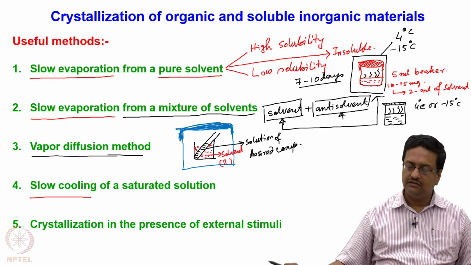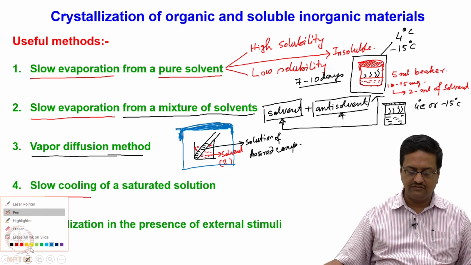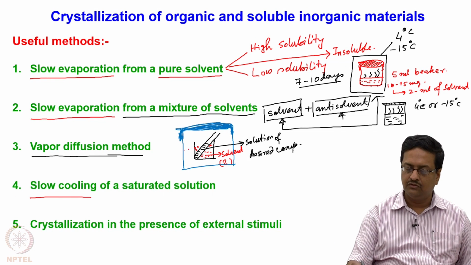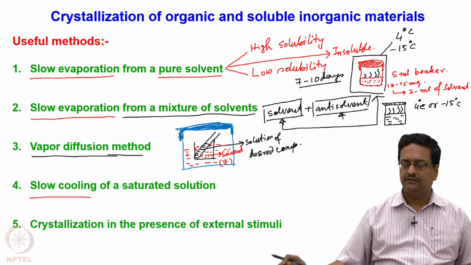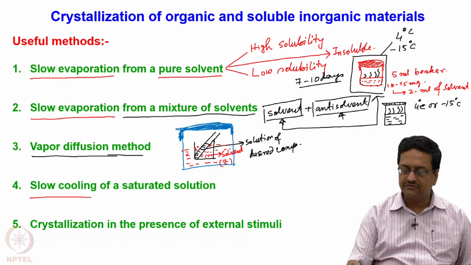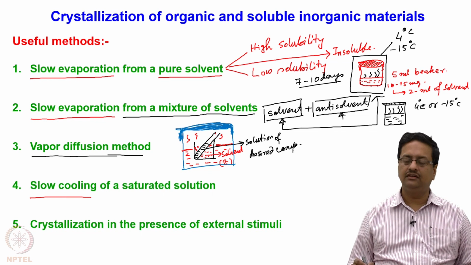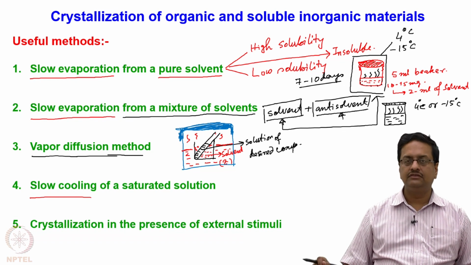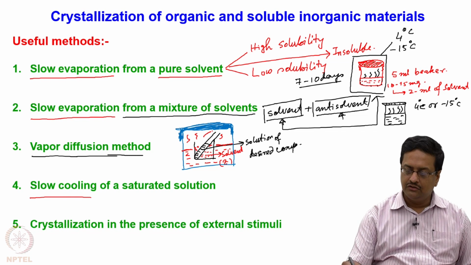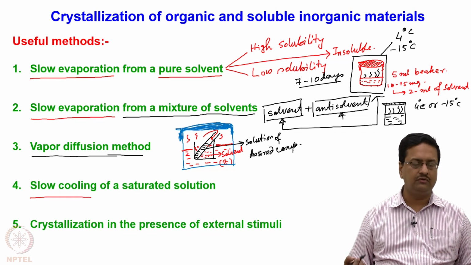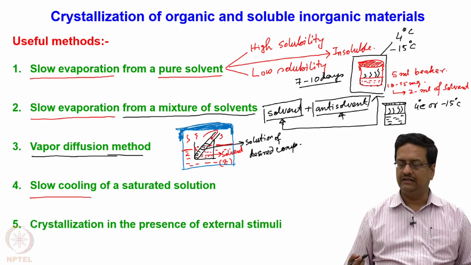We can fill the outer part of this larger beaker also with solvent 2, so that there is an excess of vapor of solvent 2 inside the enclosed container, and that vapor can then slowly diffuse into the test tube in which we have our compound dissolved in the desired solvent.